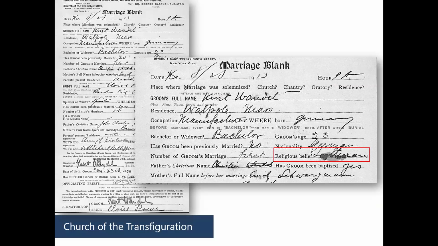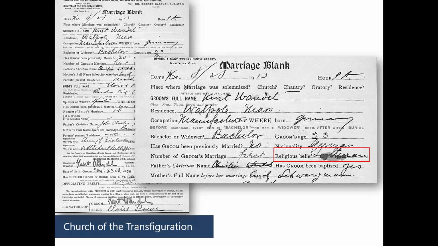Once again, we have a church marriage blank that was filled out and supplied, giving a lot of the same information, which is, I think, why people don't bother to go to the church records. However, once again, we are getting additional information here.